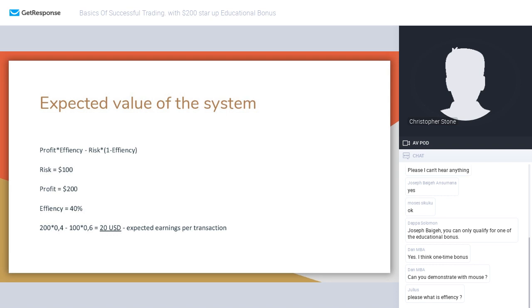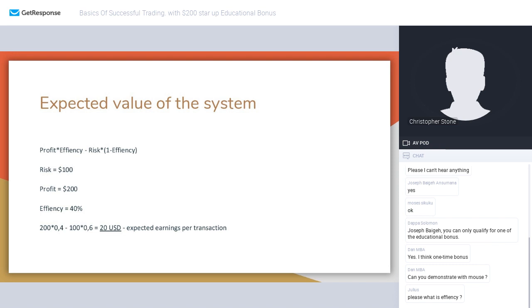So remember also that if our efficiency is less than 50%, we can also make money. But in this particular case, the risk-reward ratio is very, very important.